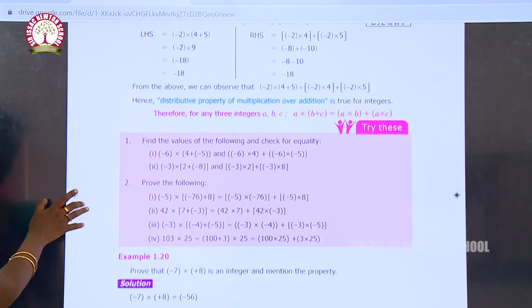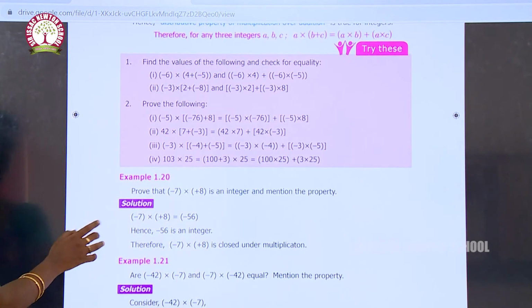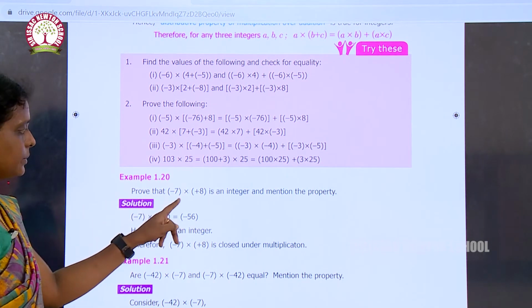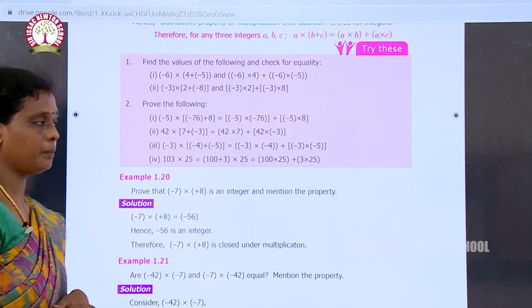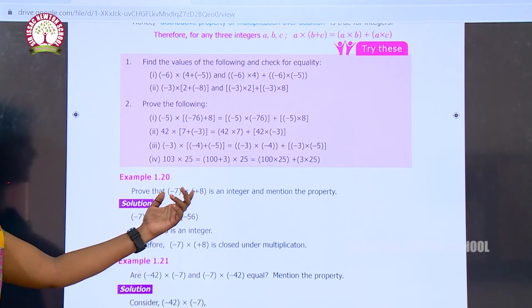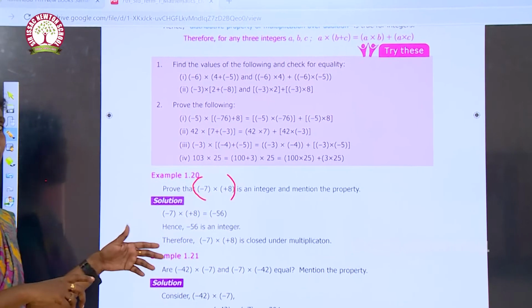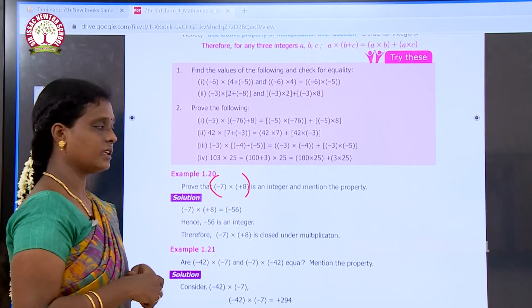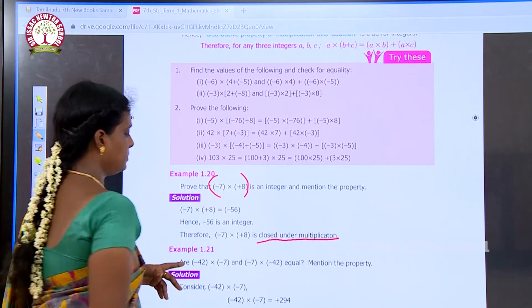So these are all the properties, and we are having some examples. You have to mention the property here. See, prove that minus 7 into plus 8 is an integer and mention the property. You have to prove that the product of these two numbers is an integer. So what will be the property name? Yeah, this is a closure property, which is closed under multiplication.